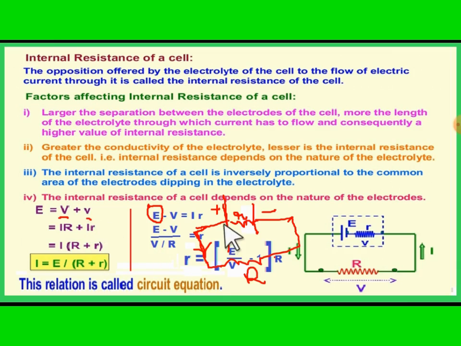So your maximum potential difference, we call that EMF. This EMF will be equal to the sum of the potential difference of the cell plus the potential difference across the internal resistance. Got it?